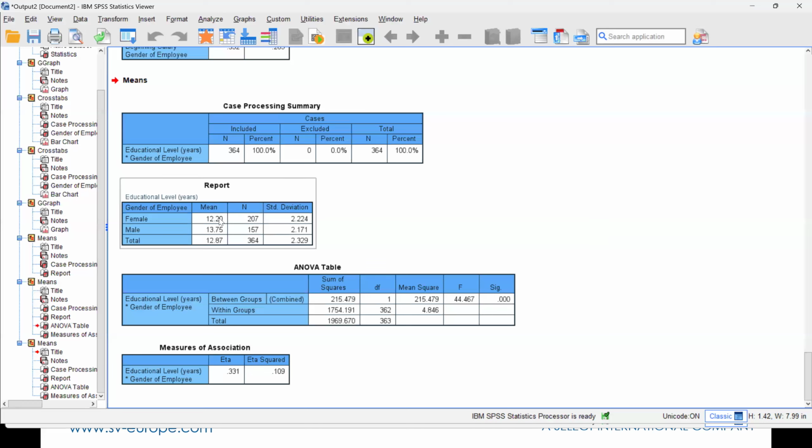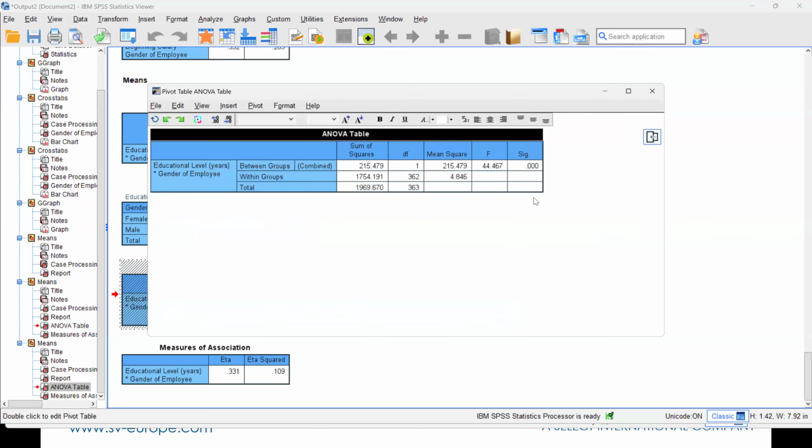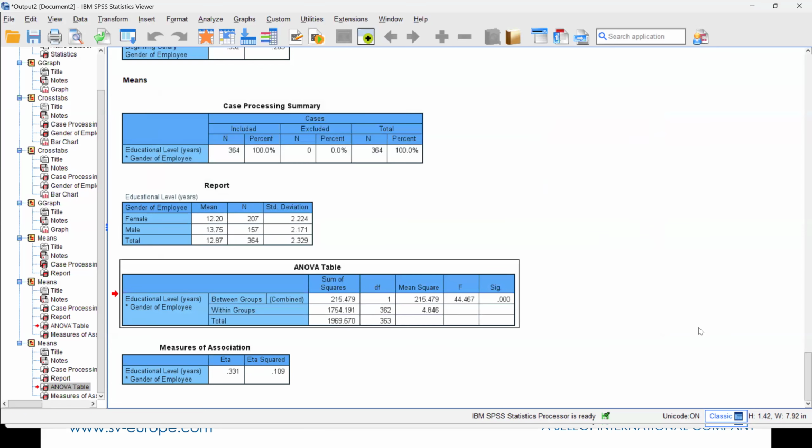The women have 12.2 years of education on average, and the men have 13.75 years of education on average, and that this is statistically significant. We can see that's 11 decimal places back, so it's 0.000. Generally, it only has to be less than 0.05, but most people would regard that as statistically significant. So it's a lot less than 0.05, it's a lot less than 0.01, and less than 0.0001. So we would say, okay, well, there you go.